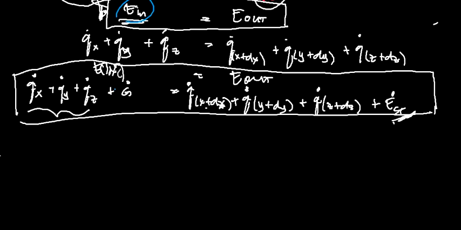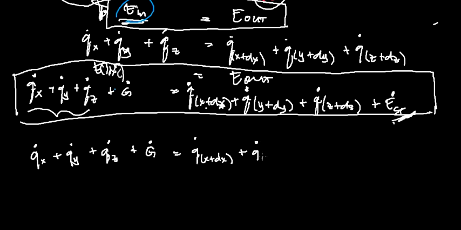Let me rewrite it: Qx plus Qy plus Qz plus the total heat generation in a medium of certain volume, equals the heat leaving the system in the x, y, and z directions, plus the energy stored in the system.